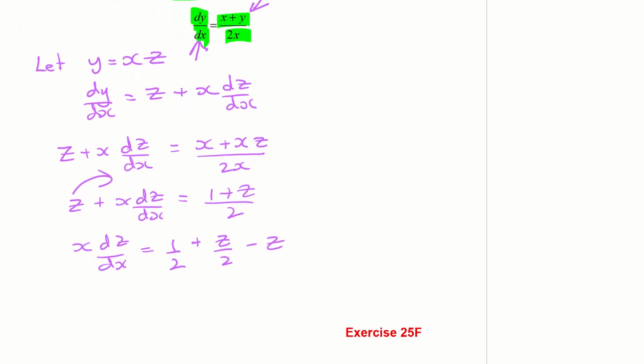And so x dz/dx would be equal to (1 minus z) over 2.